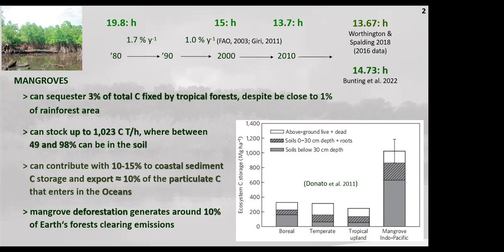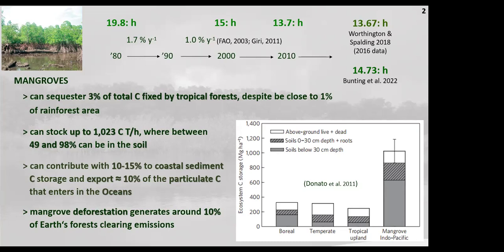One estimates the mangrove extension area at 13.67 million hectares, and another estimate is 14.73 million hectares. But the losses are still high. And these losses from human drivers today are increased by climatic changes that are also impacting these ecosystems.